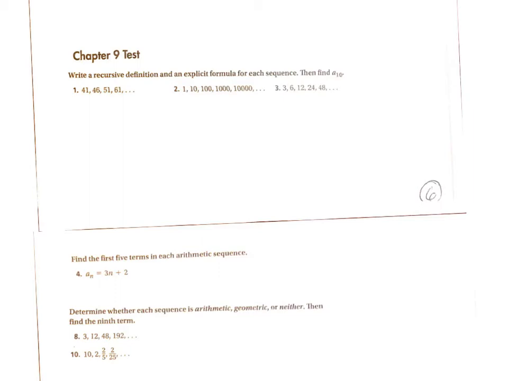This first stuff is writing a recursive and explicit definition, formula, same thing, for each sequence, and then find A of 10. So the first one we're skipping. Number 2, with a recursive, you always do A sub 1, your first term, so that's a 1 here, okay?